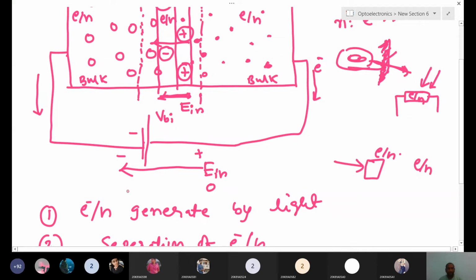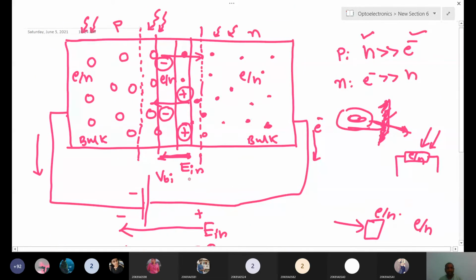Similarly, electrons on the p side also drift towards the n side. And the electron-hole pairs generated in the depletion region: holes are sent to the p side and electrons are sent to the n side.